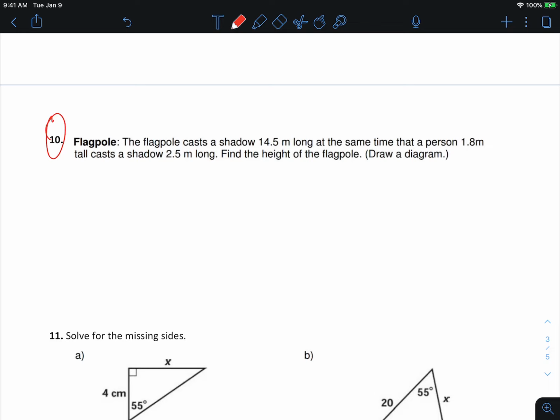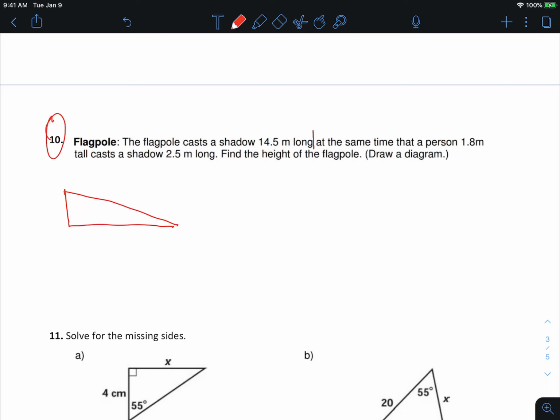Okay, so why don't we read it. The flagpole casts a shadow of 14.5 meters long. Why don't we draw a flagpole, and then draw its shadow on the ground. Now the flagpole was how tall?